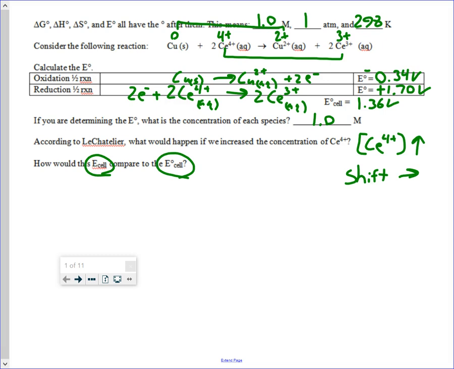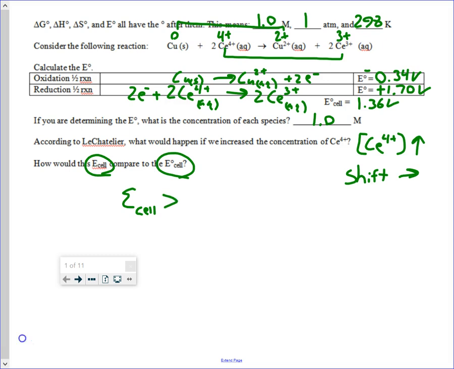We're moving towards products. So in other words, our value of E cell is actually going to be larger. We've made this a more favorable process. And remember, when the cell potential is positive, it's spontaneous. So if we've pushed it further toward the products, we've made it more spontaneous, so to speak, and the value is going to become more positive.